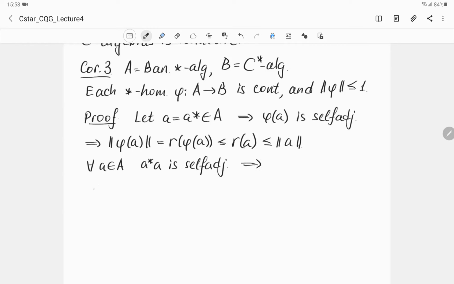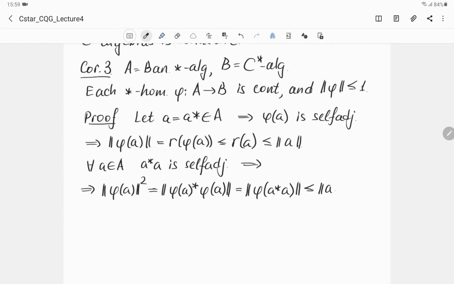So if we now calculate the norm of phi of A, for convenience, let's calculate the square of this norm. By the C-star axiom, this is equal to the norm of phi of A star phi of A, which is the same as the norm of the image of A star A. Because this element is self-adjoint, we already know that for self-adjoint elements we have this inequality.